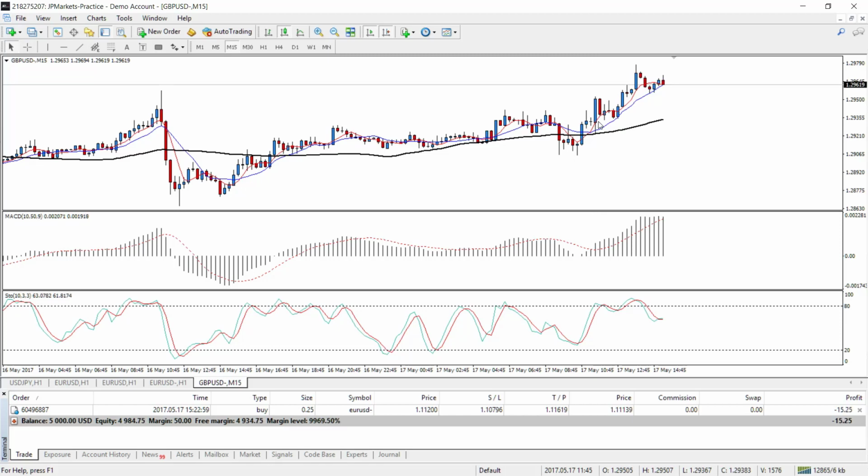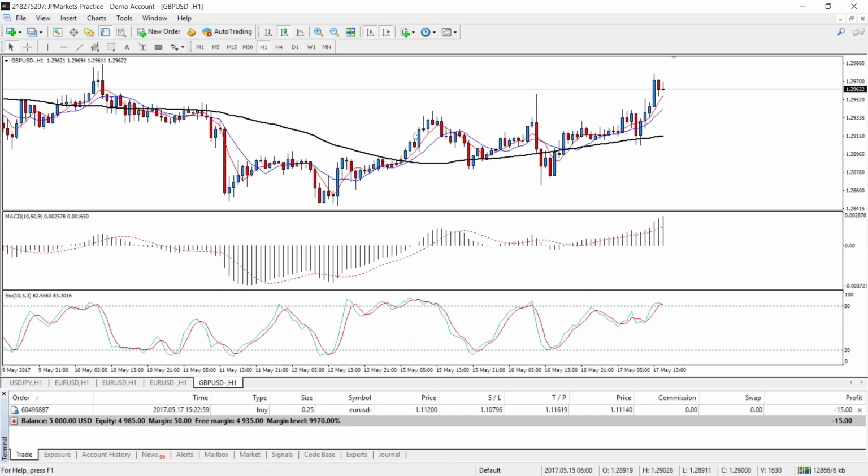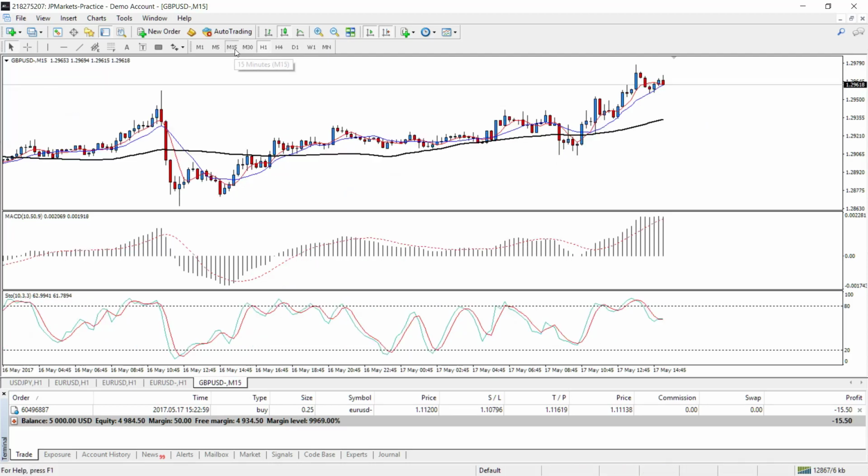Now when you come across this sort of thing and you see that yes, the pound dollar is bullish, we have a look at the 1 hour chart, we see things are trending up, and the smallest time frame we want to consider is the 15-minute. In order for us to get another buy signal, the market would have to come down for say maybe 2 or 3 candles, then it would have to turn back up.